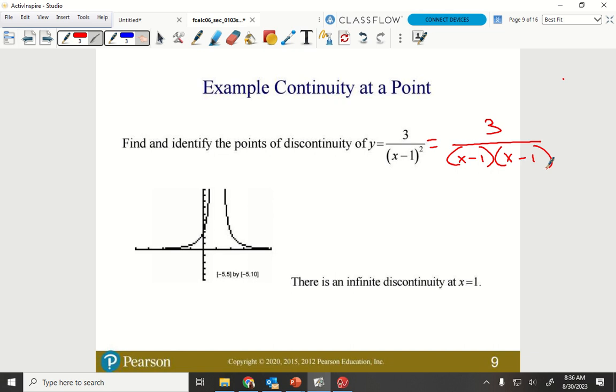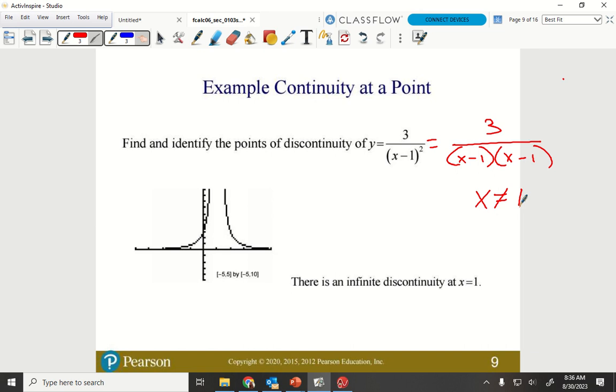Now, what can I not have? I cannot have 1. Why can I not have 1? Because it's going to be 0 in the denominator, right? That would make it undefined.